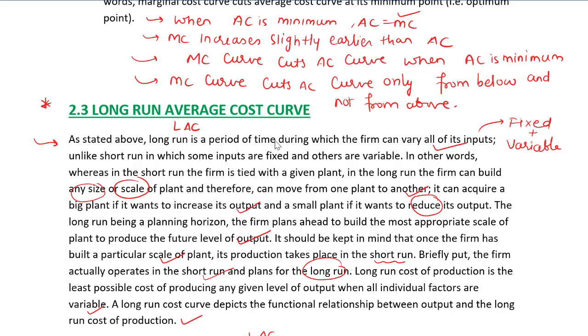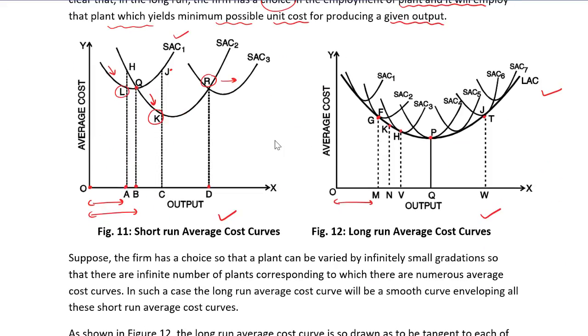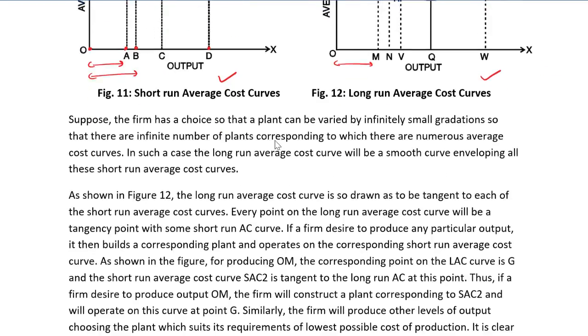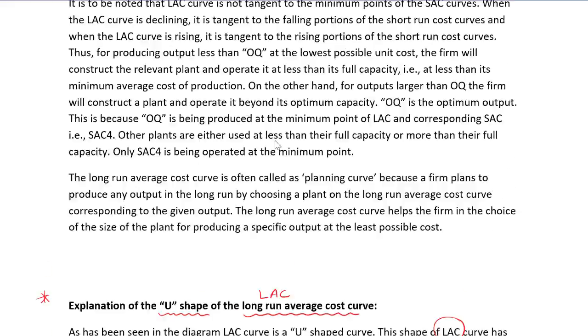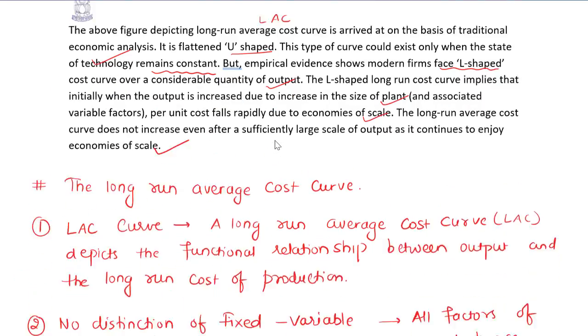Then we shifted to long run average cost curve. In long run average cost curve, we have seen short run average cost curve and long run average cost curve. And I tried to explain to you why the LAC, that is the long run average cost curve, is U-shaped. In reality it is U-shaped.